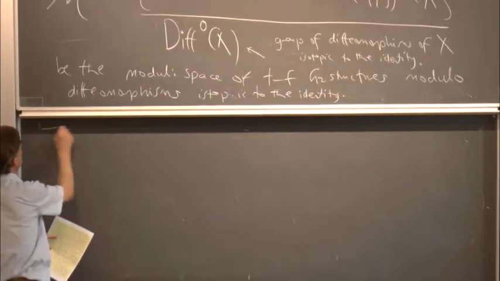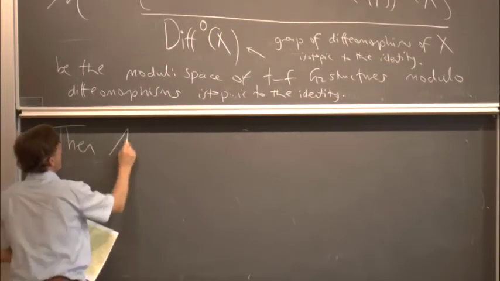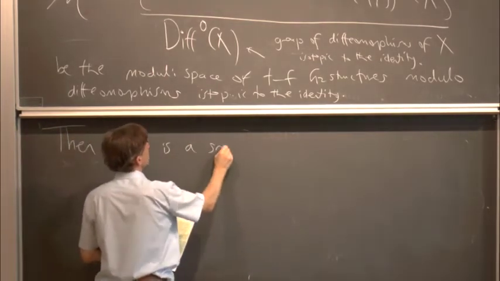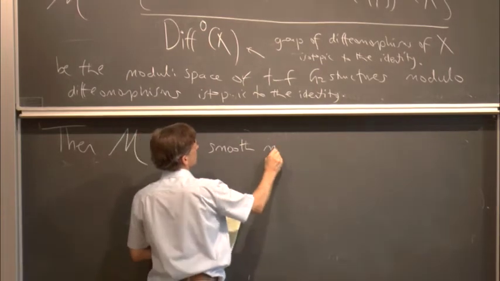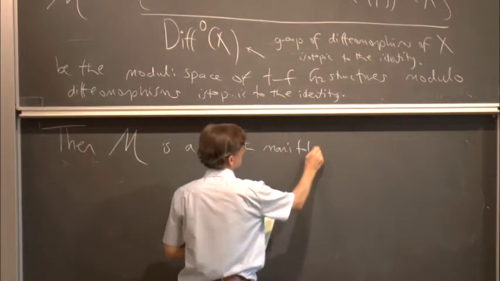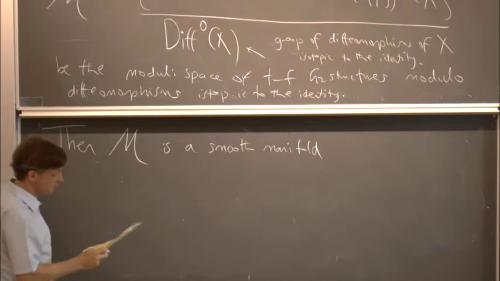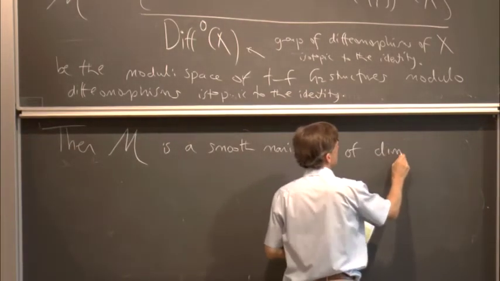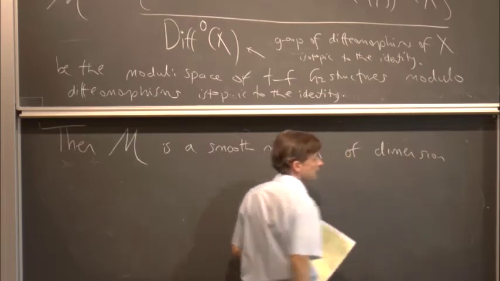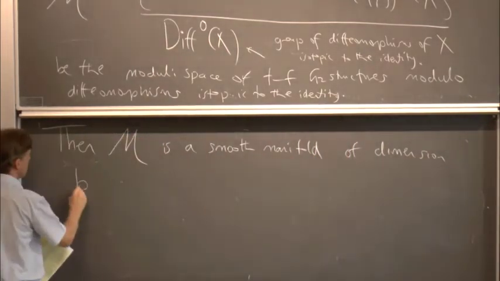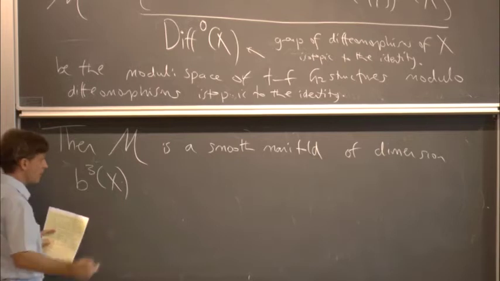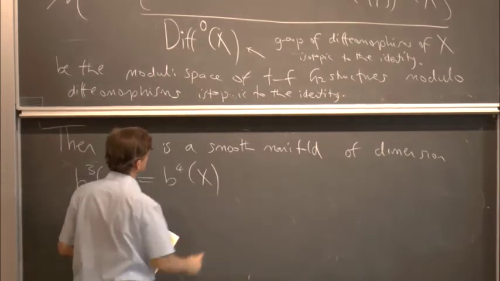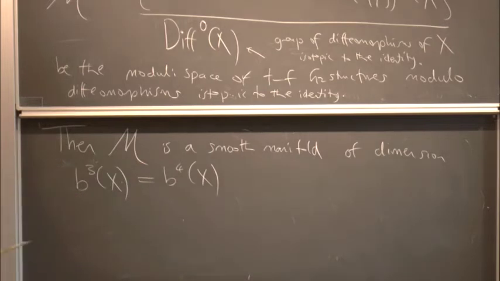So then the conclusion is that M is a smooth manifold, or you can naturally give it the structure of a smooth manifold, of dimension the third Betti number b3 of X, which by Poincaré duality is equal to b4 of X, because X has to be compact and oriented.